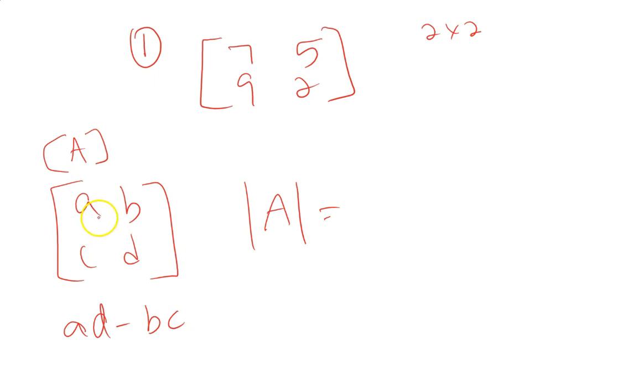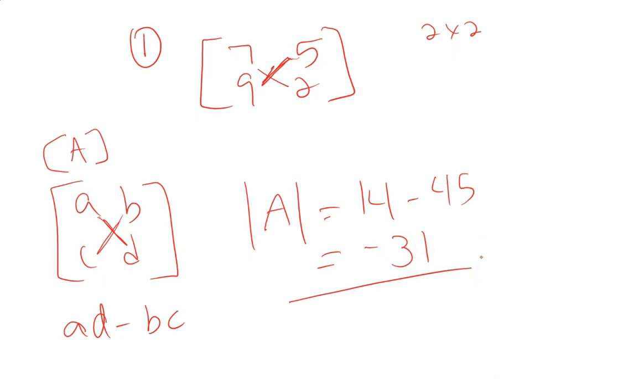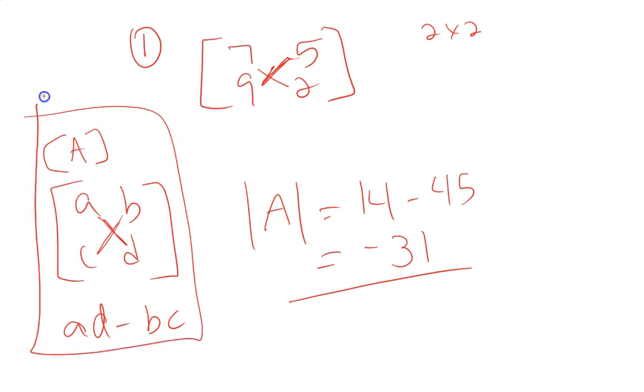So you're multiplying these and then subtracting them from those, which kind of makes a little X. So AD is 7 times 2, which is 14, minus BC, which is 45. So the determinant of this one is negative 31. You need to know this little pattern, and that's kind of it.